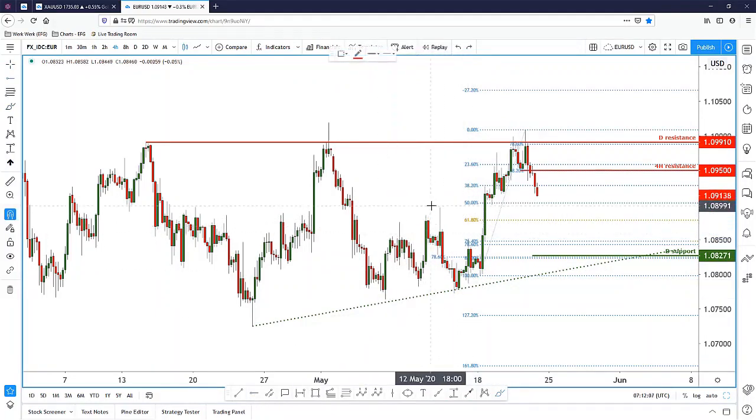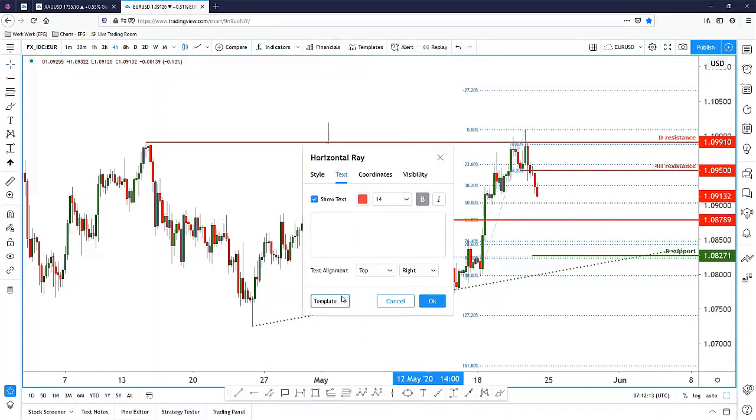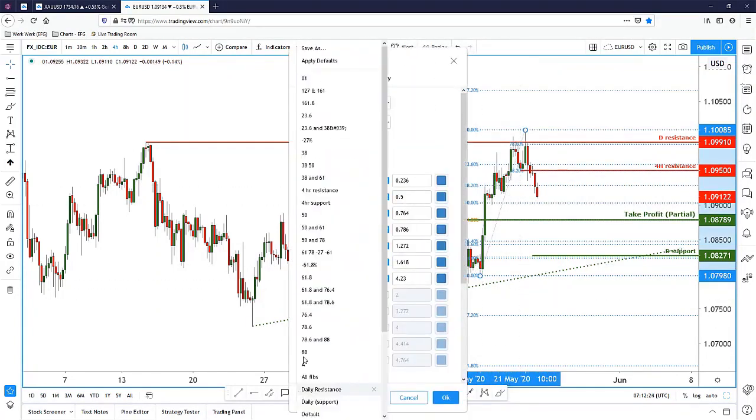So let me just put the graphical overlap in. Okay, and we can call this our take profit for partial. All right, this will be the partial take profit. Okay, so let me highlight the 61.8.